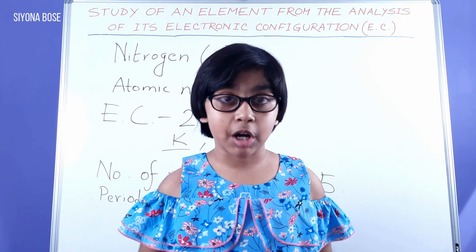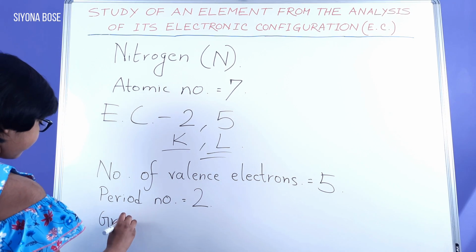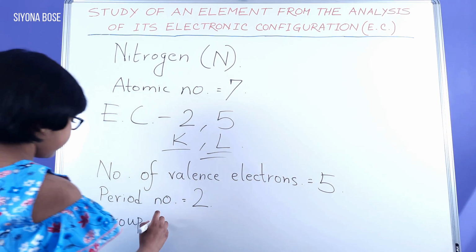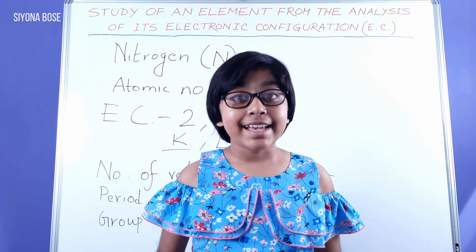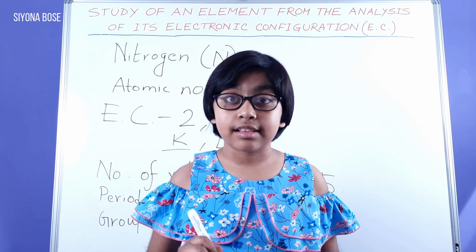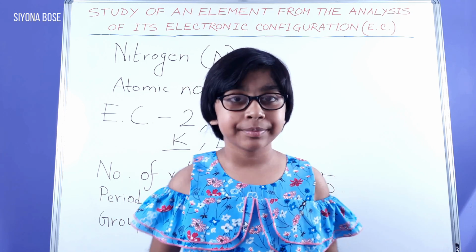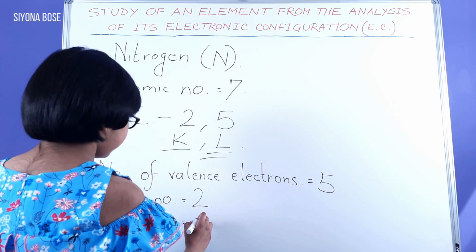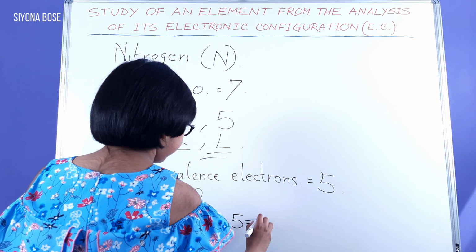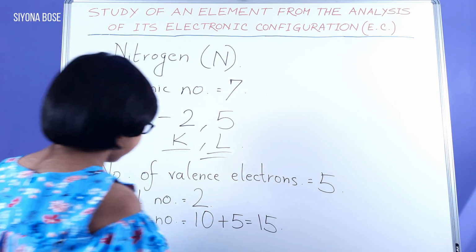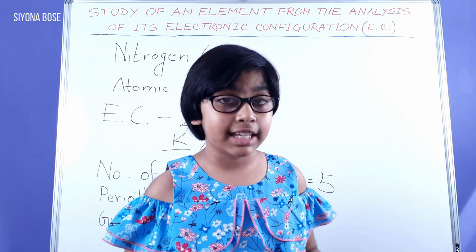After this, group number. Group number is 10 plus number of valence electrons, since number of valence electrons is more than 2. 10 plus 5, 15, gives us the group number of nitrogen as 15.